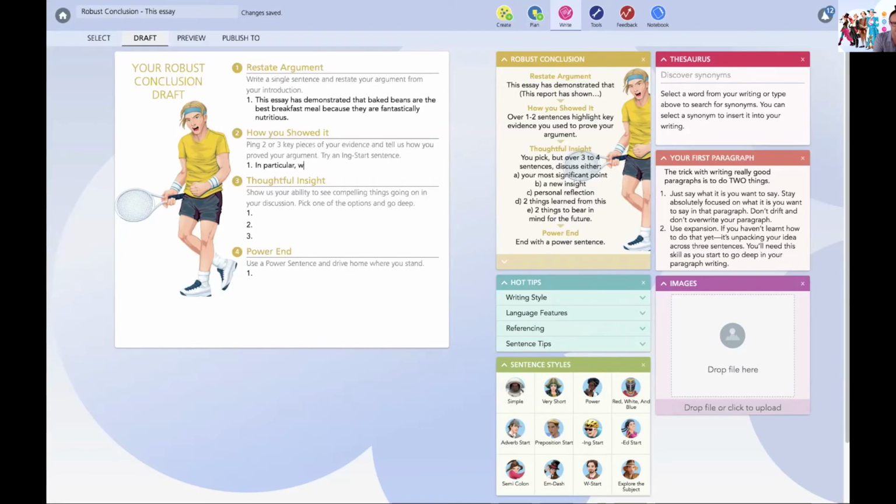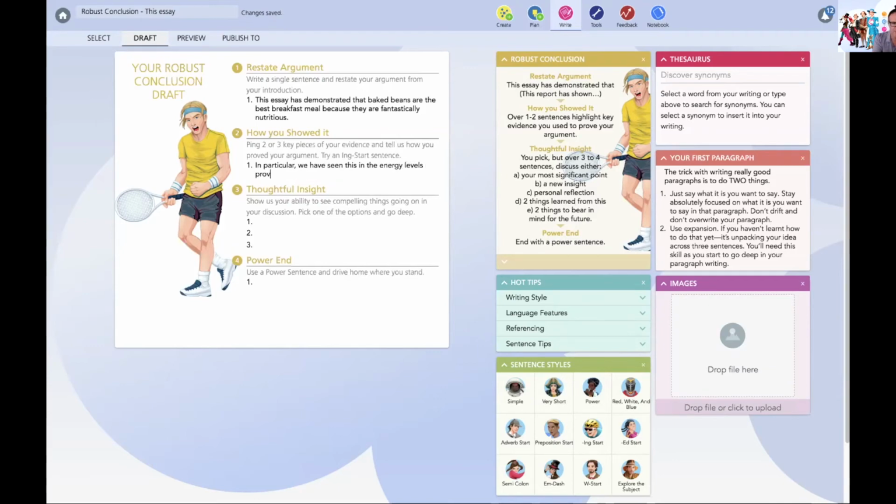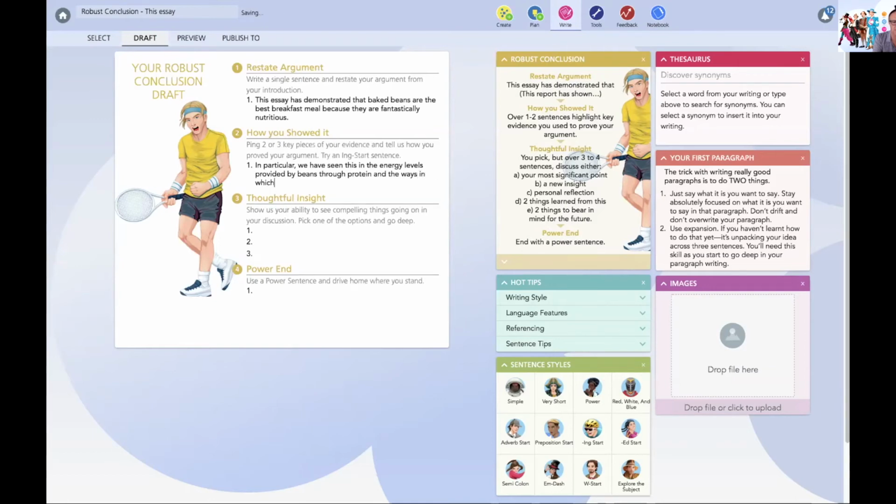In particular, we have seen this in the energy levels provided by beans through protein and the ways in which beans provide essential ions and minerals.